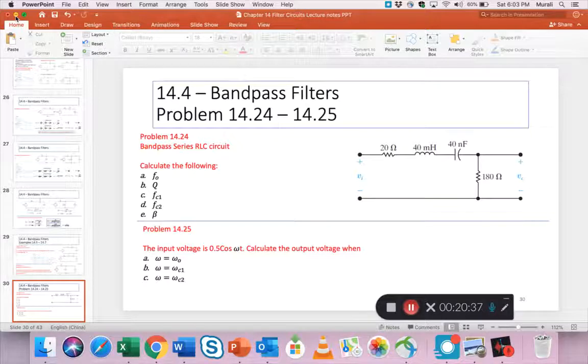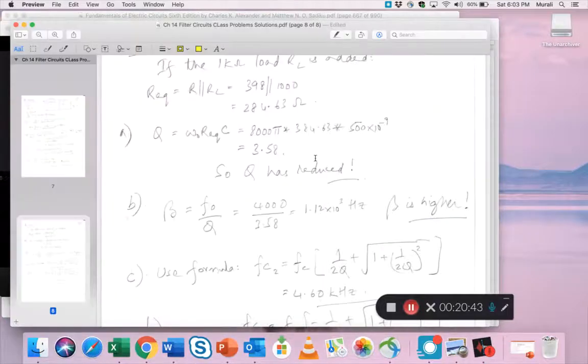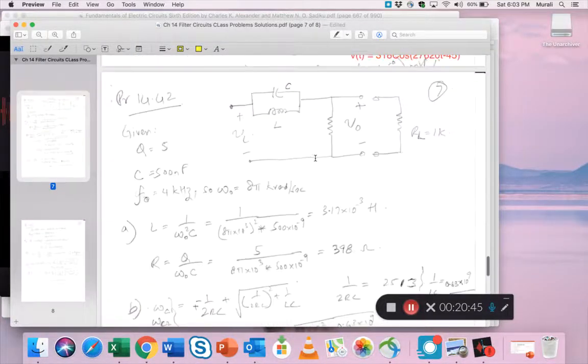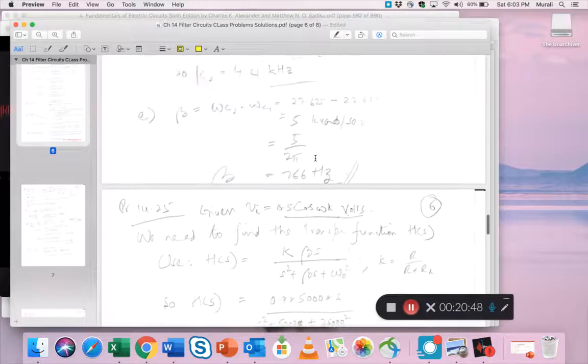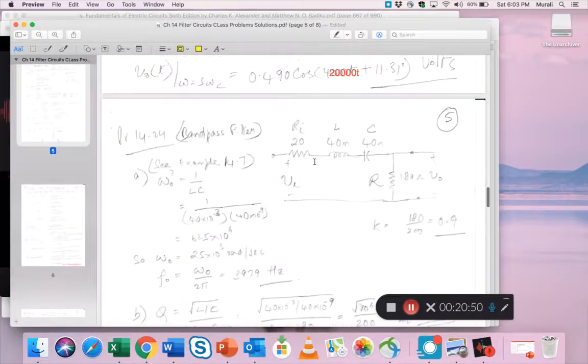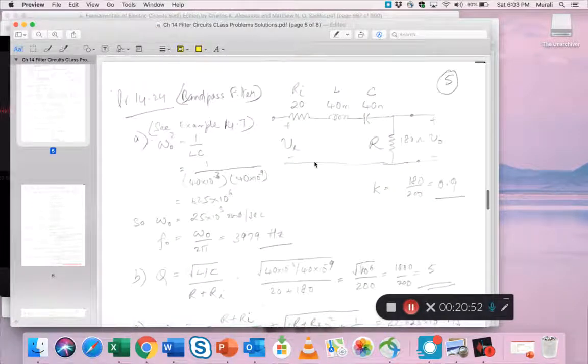Okay, so I'm going to open up my PDF and let's look at 14.24 and 14.25. 14.24 is on the top of page 5 of my handwritten PDF. So hopefully everybody can go there.